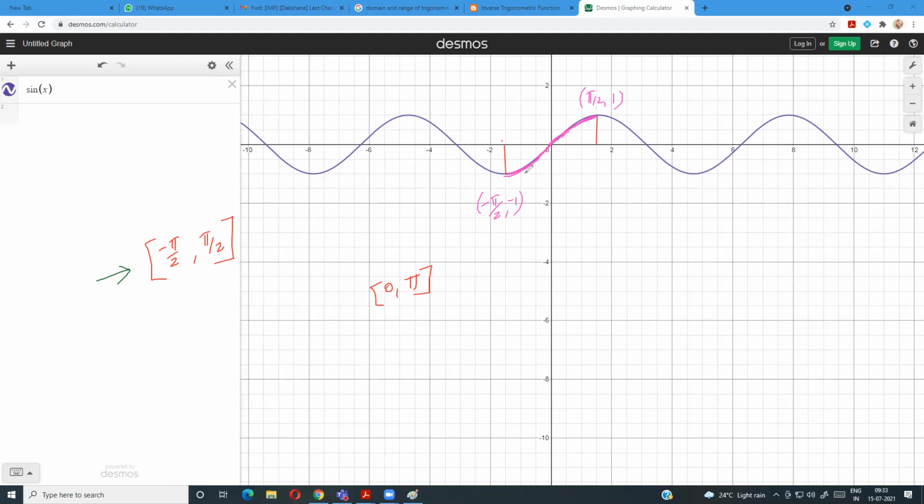When we consider some particular angle to particular angle, then we can define the inverse of that trigonometric function at that particular interval. Is there any other interval?